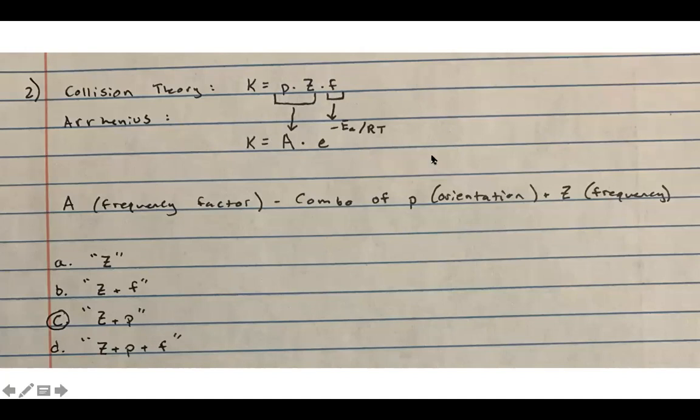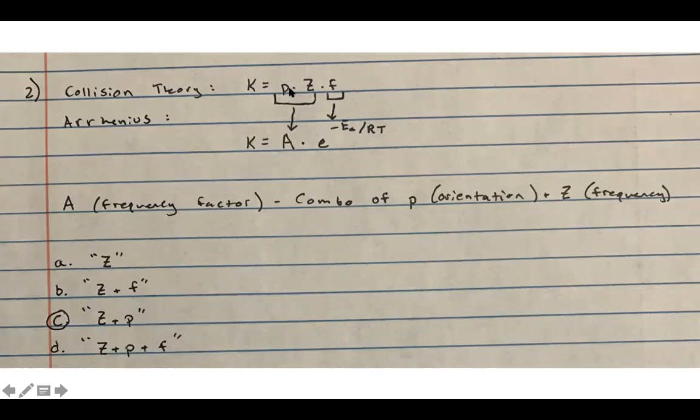And when we compare this to the Arrhenius equation, this e raised to the negative activation energy over R corresponds with our energy portion of collision theory. So this F is represented by e raised to the negative Ea over RT.